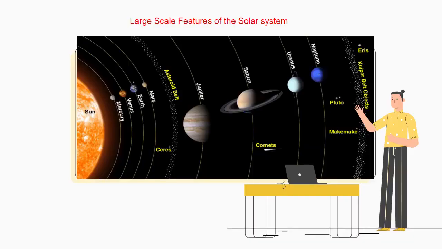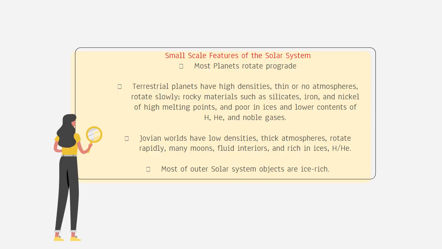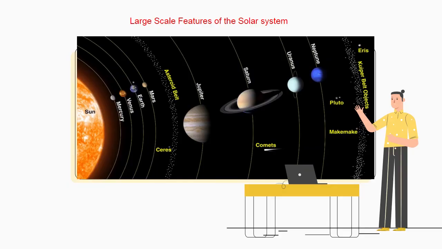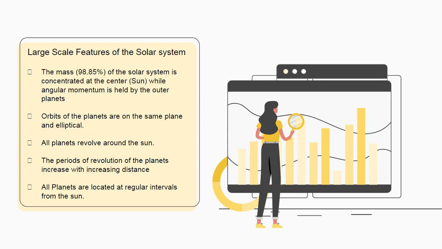Next one, we identify the large-scale features and the small-scale features of the solar system. First, the large-scale features of the solar system: the Sun's mass is 98.85% of the total, and the planets are spaced at orderly intervals.